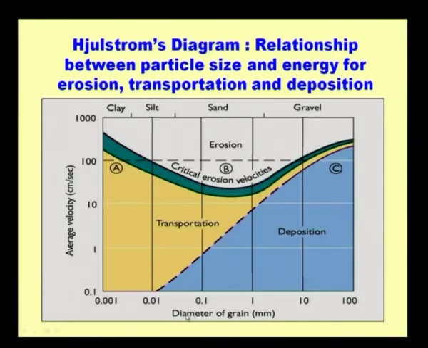See, on the x axis it is the diameter of grain in millimeters, and on the y axis the average velocity in centimeters per second. So, if the particle size is 0.001 millimeter, then that comes under the category of clay, and therefore, what is the velocity of the clay?